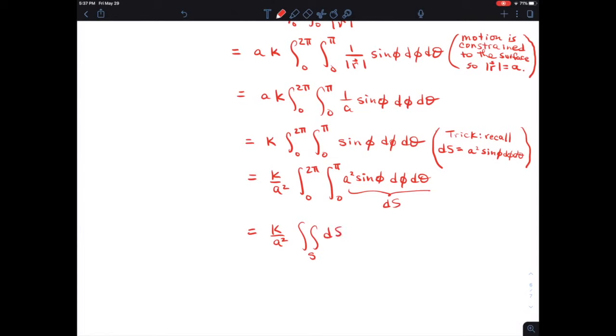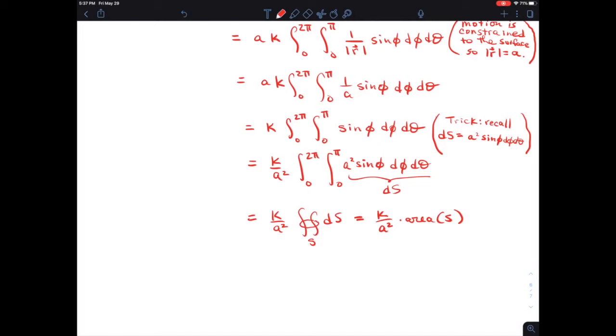Okay. You can even put this circle on here again. And this should just be the area of S. So you've got this k over a squared times the area of S. And so you have to know the formula for the surface area of a sphere. That's 4 pi radius squared.